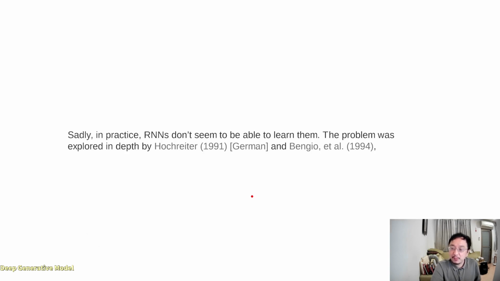However, in practice, it is very difficult to train the RNN. It will usually cause some gradient vanishing problems when we train the RNN. So we need some kind of ways to avoid the gradient vanishing issues.